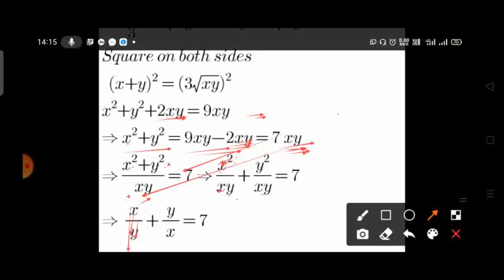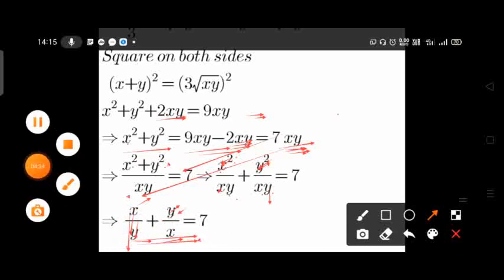Here also there are 2 y's, y into y, and here 1 y, so y and y cancel. In the numerator y remains, so y by x remains. So x by y plus y by x is the answer that we need. So this is the answer.